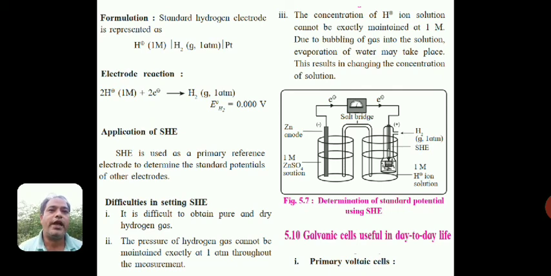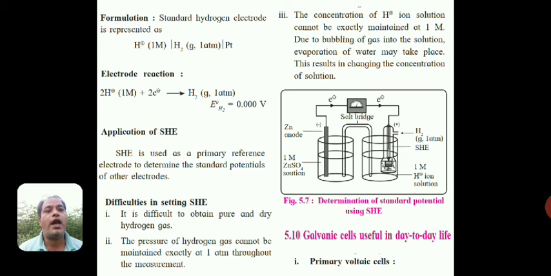So the electrode reaction, in this case it acts as a reduction one. 2H plus plus 2 electrons gives H2, and its E0 is considered to be equal to 0.0 volt. It is very important. We are considering its value as 0.0 volt at 25 degrees Celsius and 1 atmospheric pressure. Since it is a gas, we have to consider its pressure.